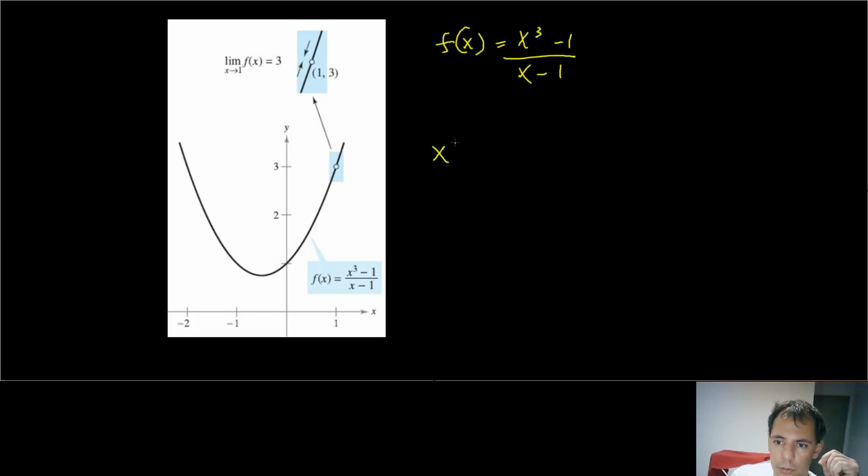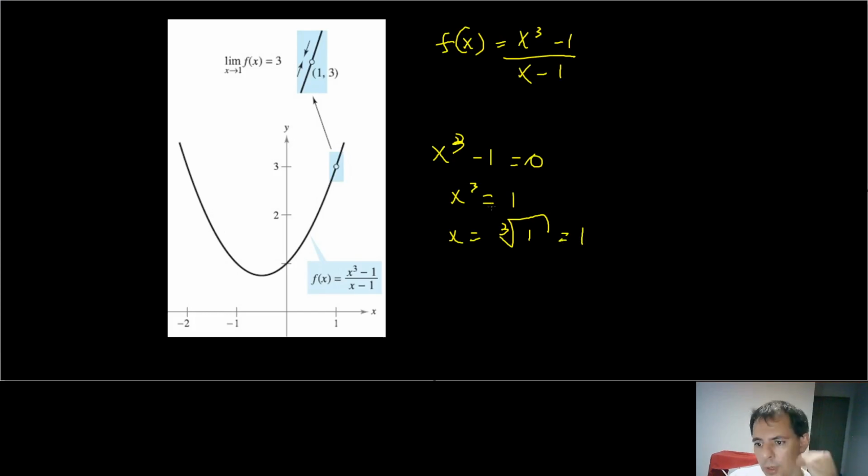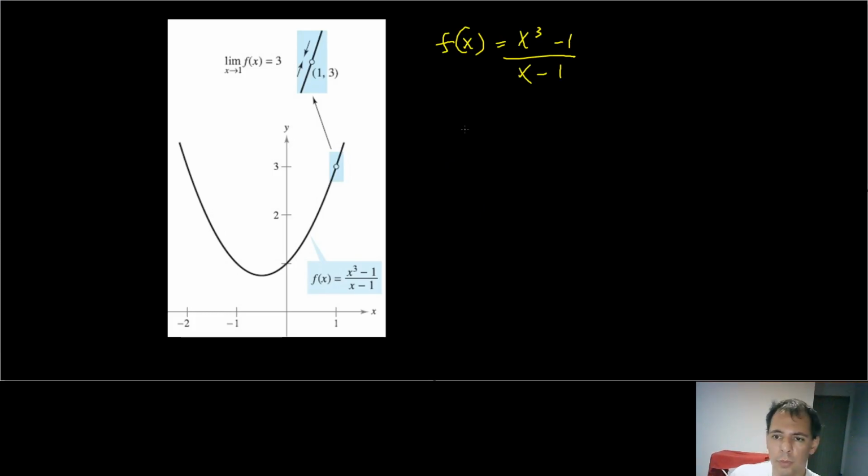So when you have x cubed minus 1 equals 0, it's going to be x cubed equals 1, x equals the cube root of 1, which is just 1. So 1 is one of the roots of this thing. So if 1 is one of the roots, then that means that x minus 1 is a factor. It's x minus the root.